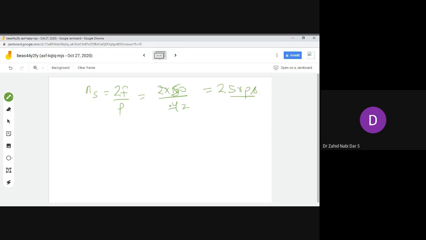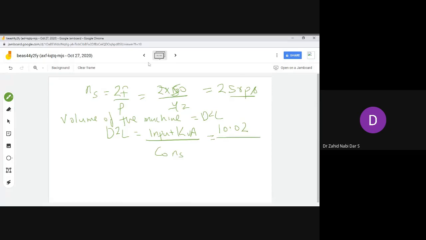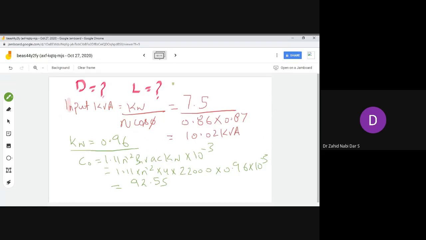Now the volume of the machine is equal to d square L, and d square L you just now saw is input kVA divided by C naught into Ns. So the input kVA value you just now calculated was 10.02, and the constant value you also just now saw was 92.55.